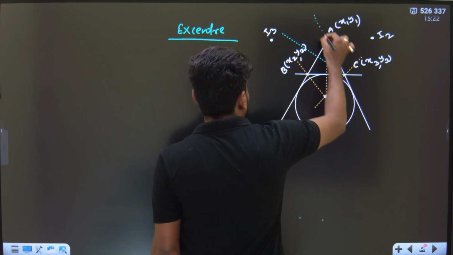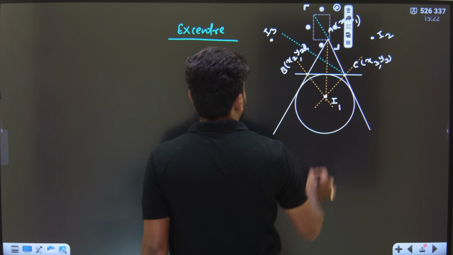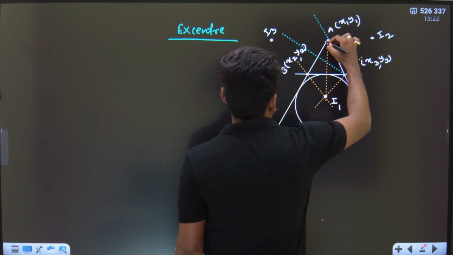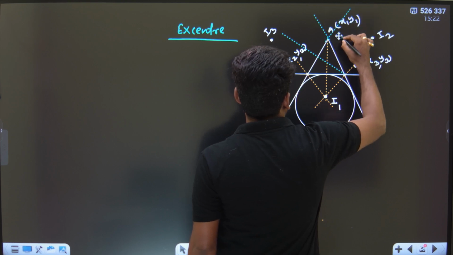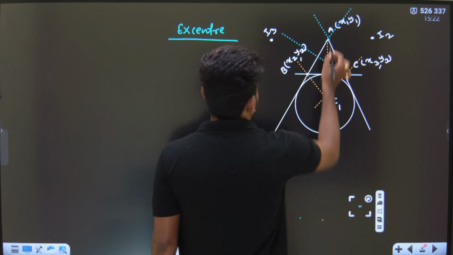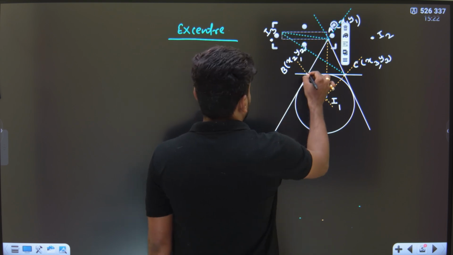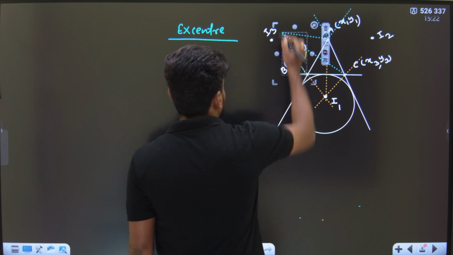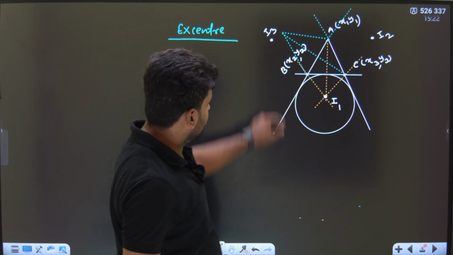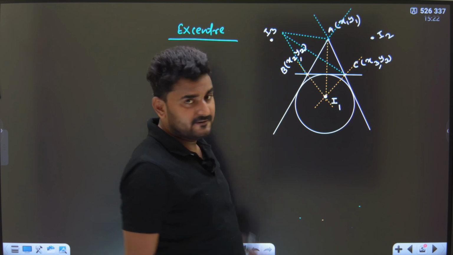Now here you can see this is our external bisector, so we will get one more point here.